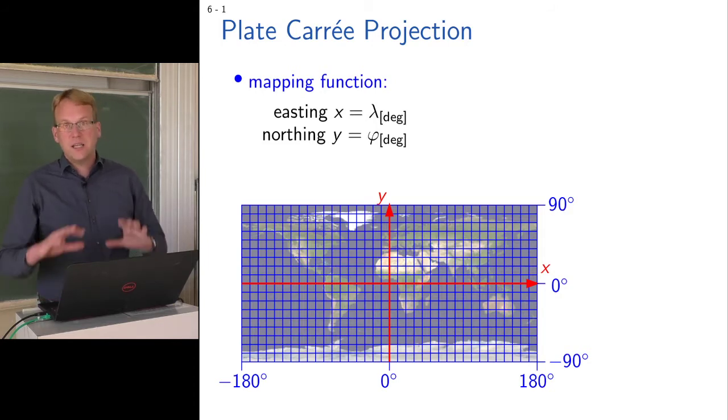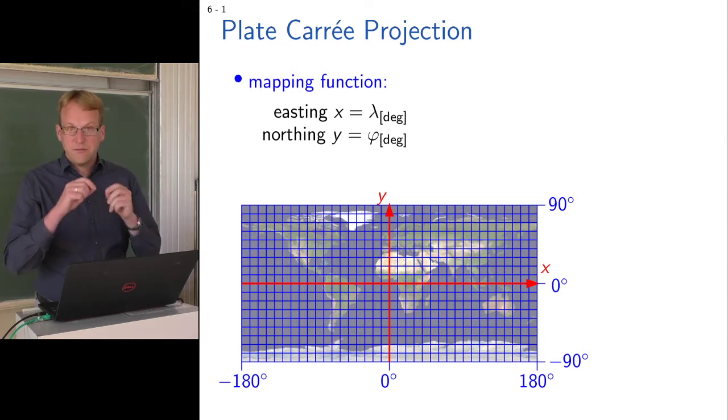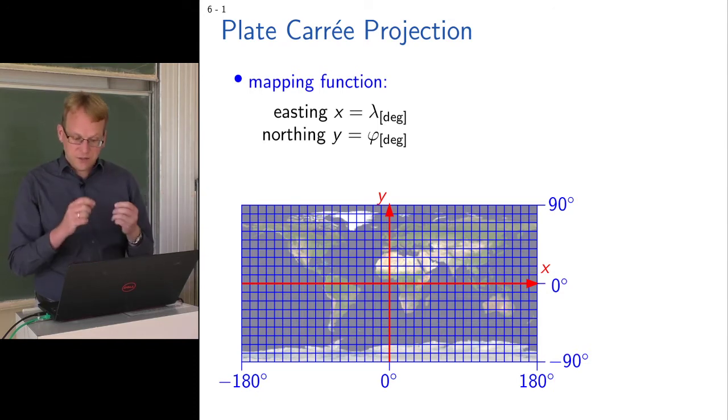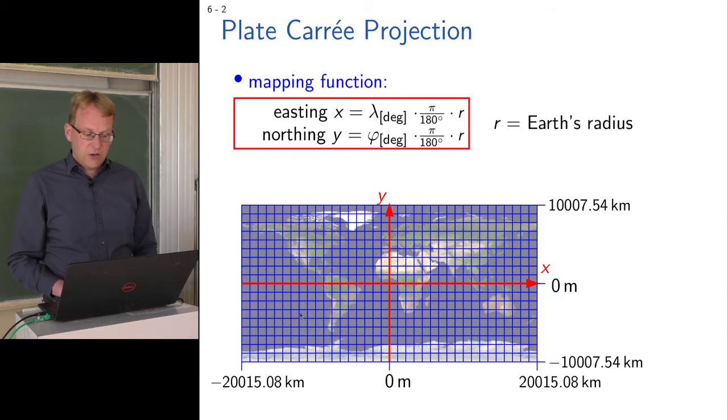Usually we would like to have a map with a metric system, where you have meter instead of degree as a unit, and that is done simply using a constant scaling factor. So of course this pi divided by 180 degrees times the Earth's radius r. And then you see this map doesn't change at all, only these units change.